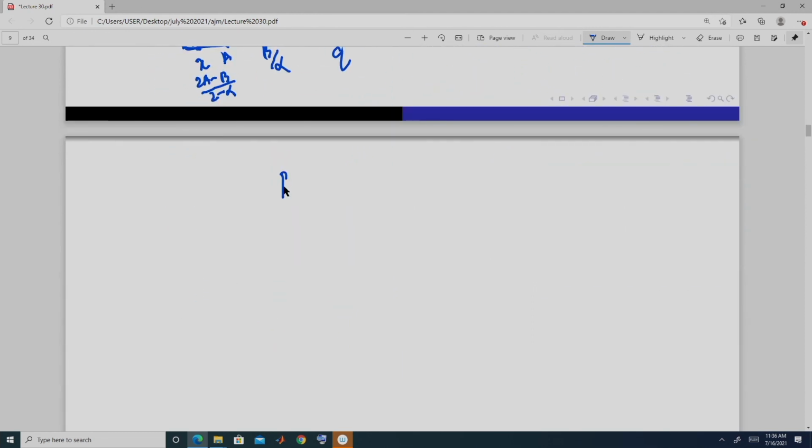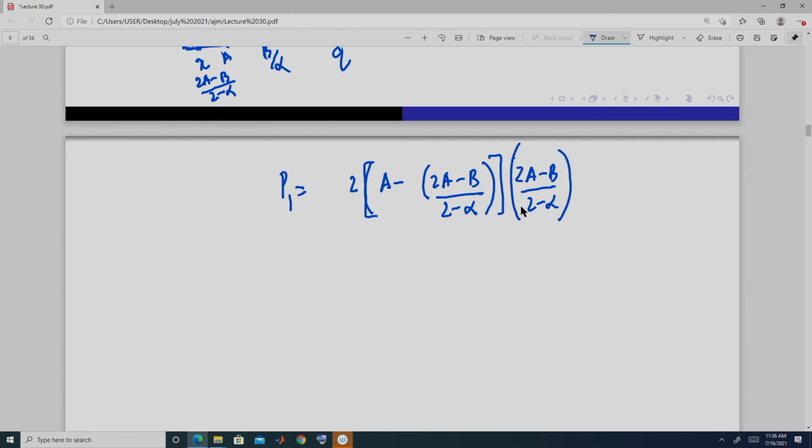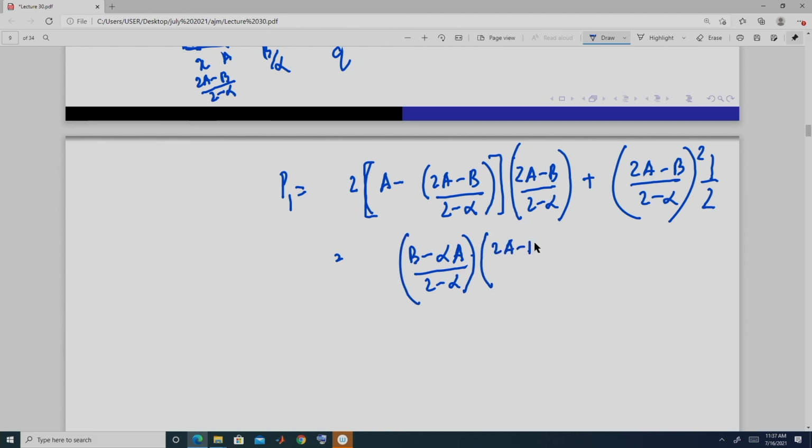So, here we get that P1 is equal to this, and P2 is this.